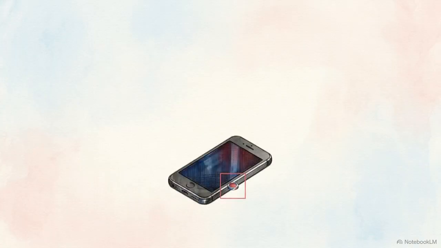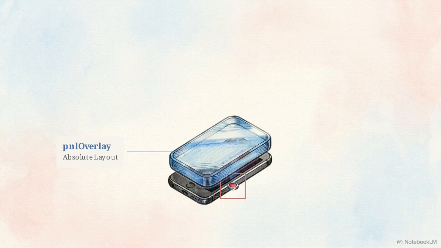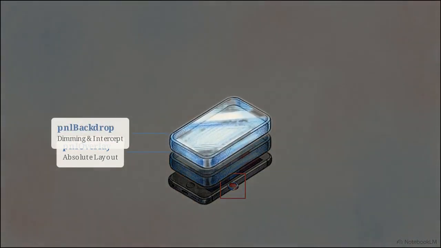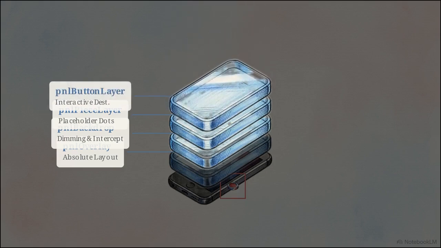To escape its nested bounding box, the component injects an absolute layout, pnl overlay, snapping over the root structure. On top, pnl backdrop handles screen dimming and touch interception. Next, pnl piece layer houses the condensed placeholder buttons. Finally, pnl button layer forms the highest interactive destination layer.